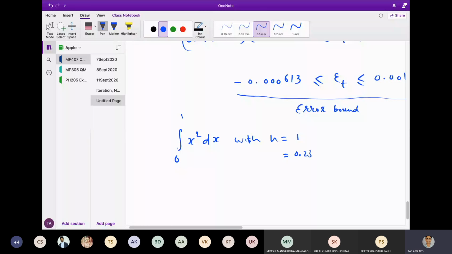Okay, so you do this example in three different ways. First you take only 2 steps, okay, and then you have 4 steps, then you have 10 steps, and then you see how the error is actually changing as you do all this practice.